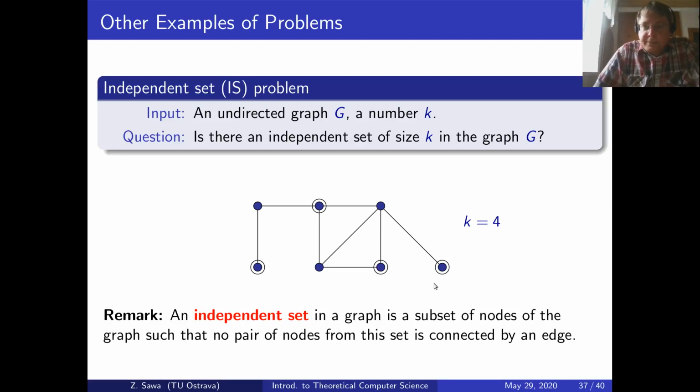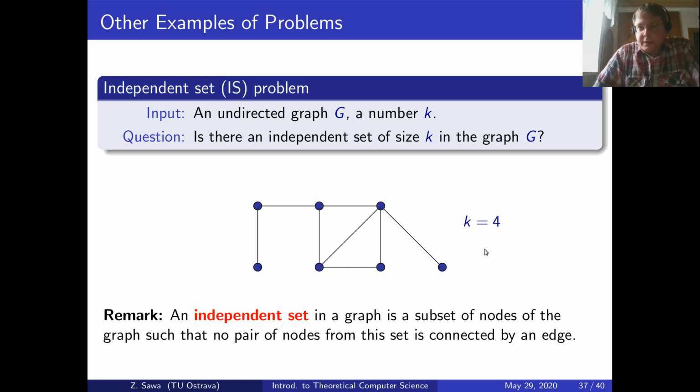Either it can be formulated as an optimization problem where we have just a graph and no number, and the question is to find the biggest possible independent set, or it can be formulated as a decision problem where we have also the number k, and the question is whether there exists some independent set of size k.